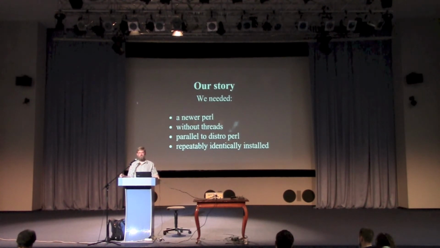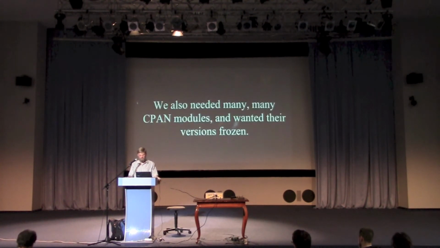And we wanted it to be repeatably, identically installable on many machines over time with really no institutional memory, with sysadmins not having to have a bunch of lore of how they did things. We also needed a lot of CPAN modules, and we didn't want the latest to always be installed without warning, so that things would work.